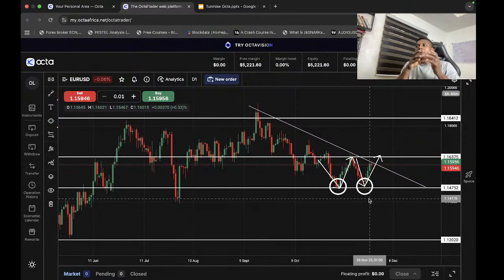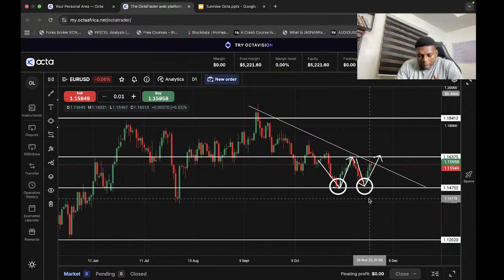And with the presence of a double bottom, when a double bottom appears on your chart, the next thing you are doing is to position for a buy, because double bottoms are market reversal signals.